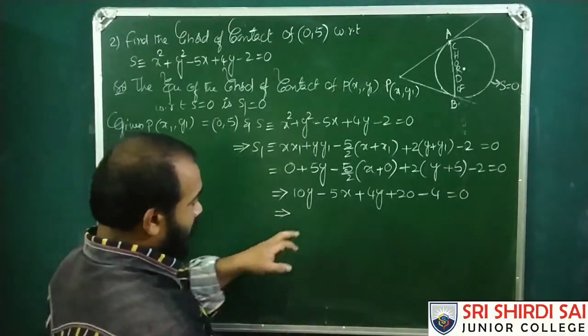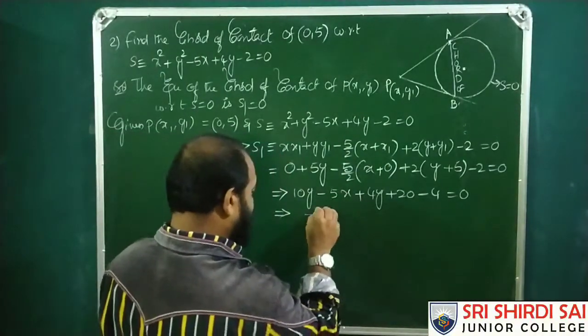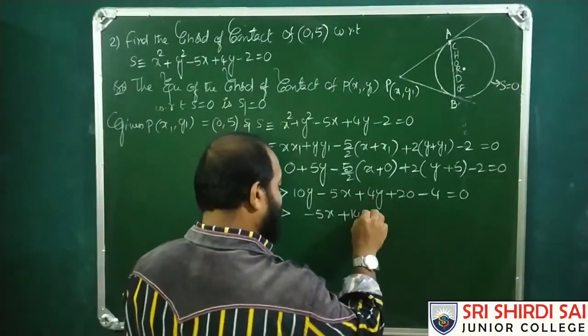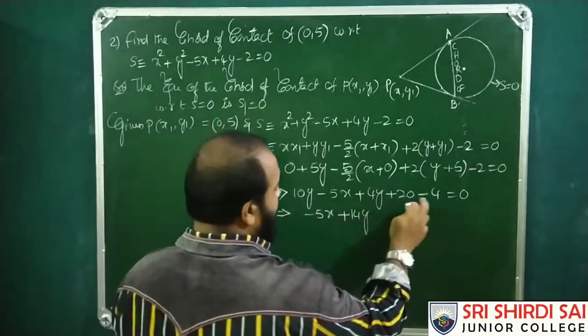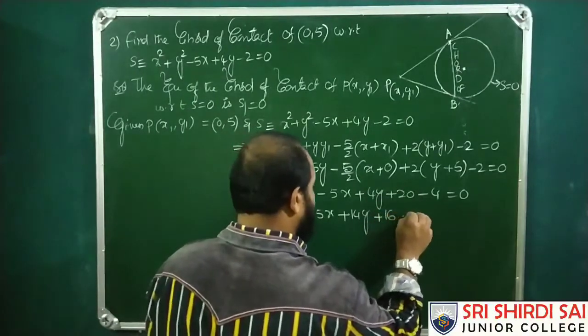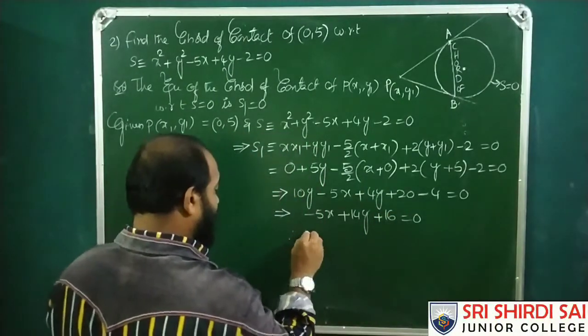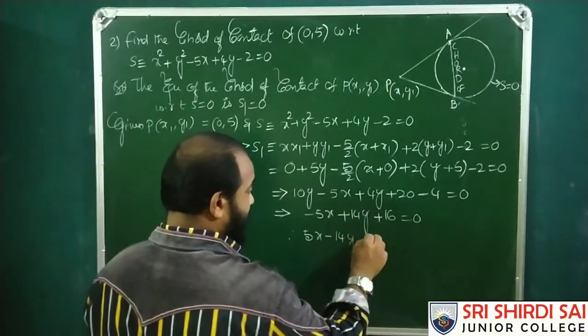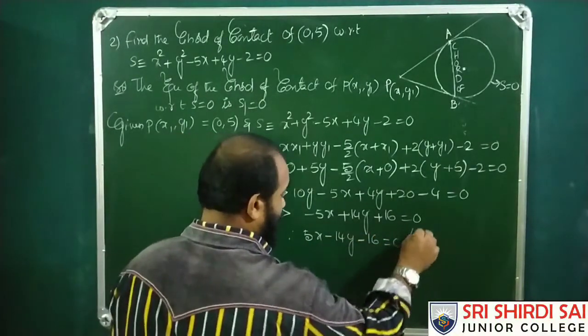So minus 5x, 10y plus 4y, 14y, 20 minus 4 plus 16 equals 0. Therefore 5x minus 14y minus 16 equals 0.